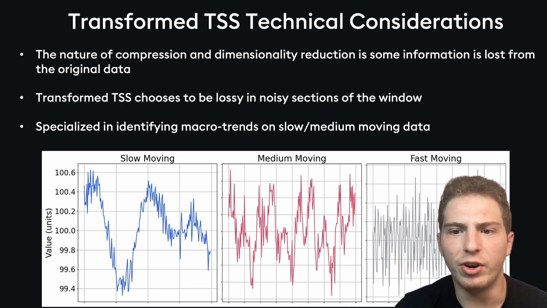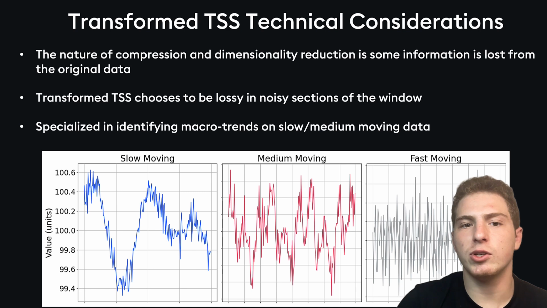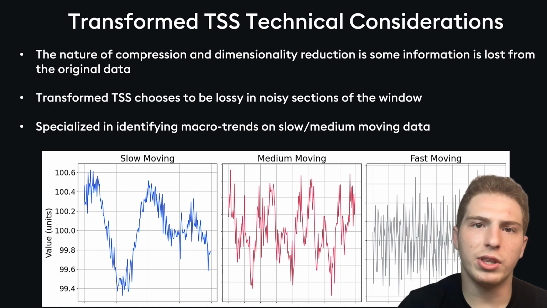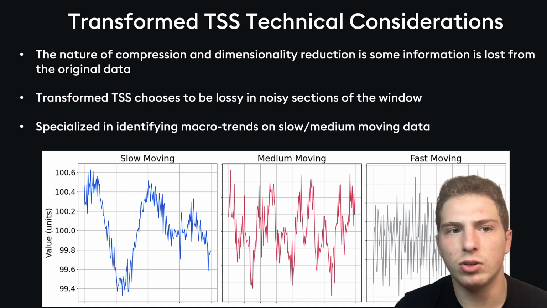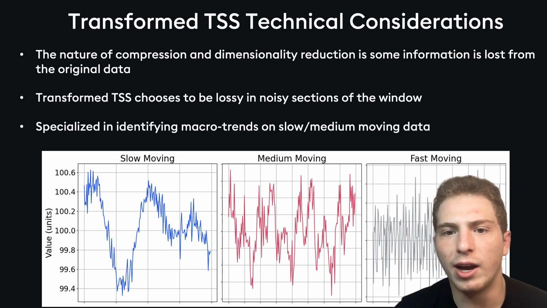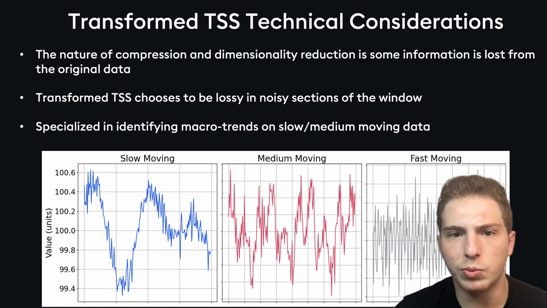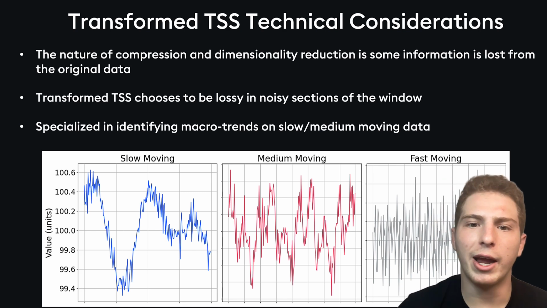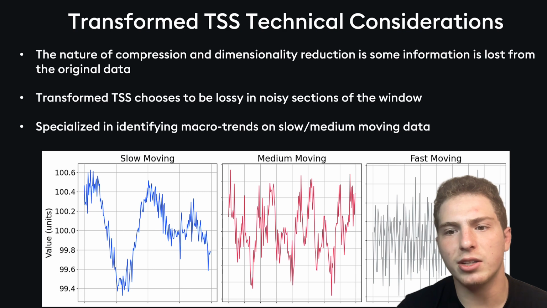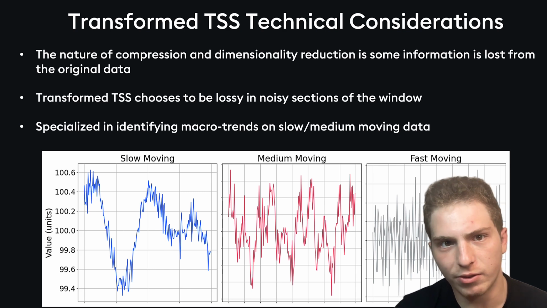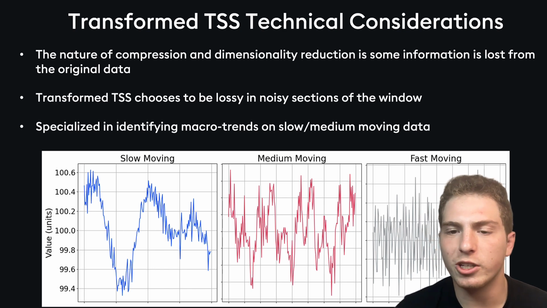But if we have very fast moving data, everything feels noisy. And one thing we could do to still use transform TSS on fast moving data is smoothing our data out so it's a little less noisy. But in general, transform TSS is great for identifying macro trends on slow or medium moving data. And it's not as effective on fast moving data. For that, you might want to use non-transform TSS.